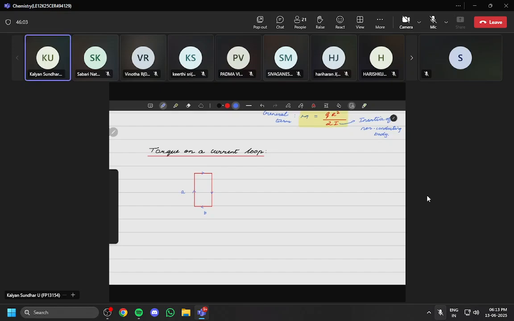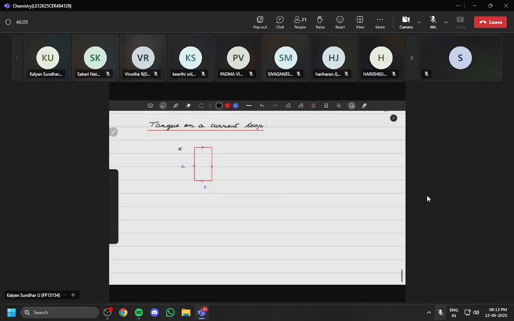And this coil is being kept inside a magnetic field region, right? So let me name these ends as A, B, C, D.